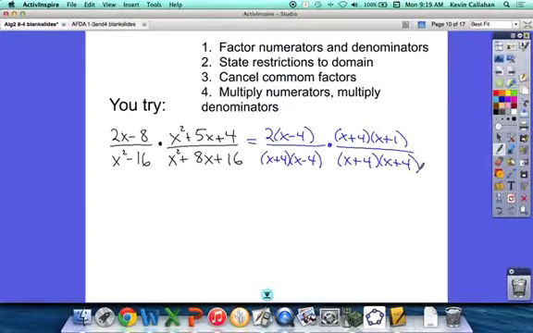So if you get the factoring part's up there now. Okay. Now you can go on to the next step. State the restrictions.